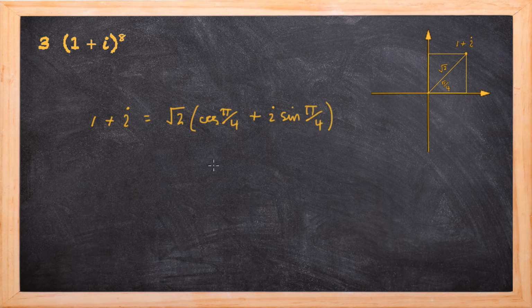And that's what we're raising to the power 8. Now, √2 to the power 8: √2 times √2 is 2, so it'll be 2 to the power 4, which gives us 16.